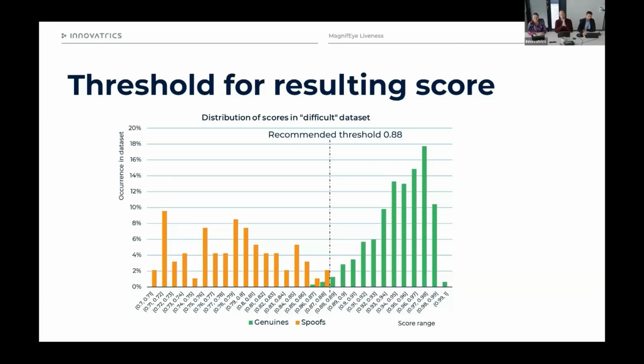And as you can see, we would recommend here a score of 0.88, because then you can be sure that almost no false accept will be appearing, and the reject ratio would be very low, and if used in normal lighting conditions, there will also be almost no reject ratio. So here we are showing that this detection method is really designed for high security use cases with the highest false accept to false reject accuracy.